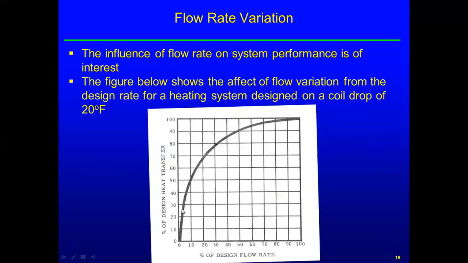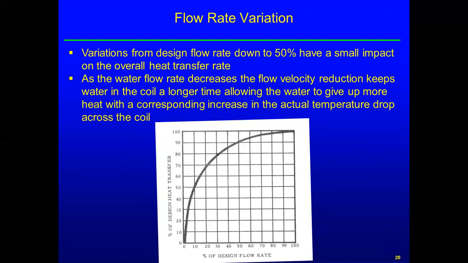So this relationship between flow and the percent of heat that's put out by the coil is significant on a coil designed at peak capacity for a 20-degree delta T. And we'll talk more about why that is on upcoming slides. But you need to look at this and soak this up a little bit before you just run on to the further slides.